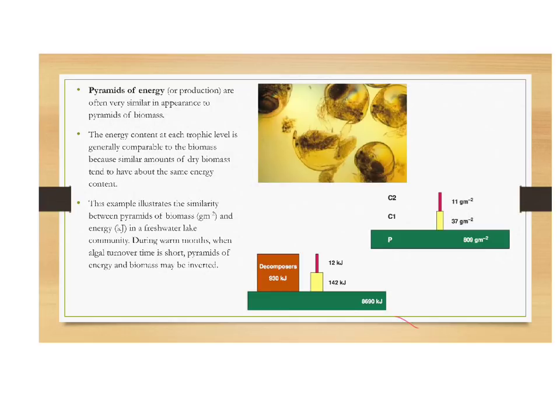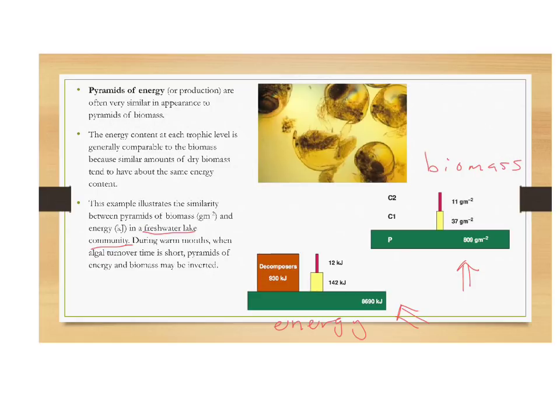Both of these diagrams are of a freshwater lake community. The kilojoules one is the pyramid of energy, and this one up here is the pyramid of biomass for the same community. And you can see that they actually have similar structures.